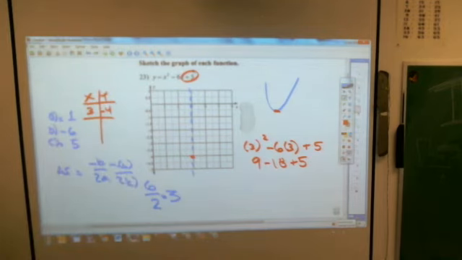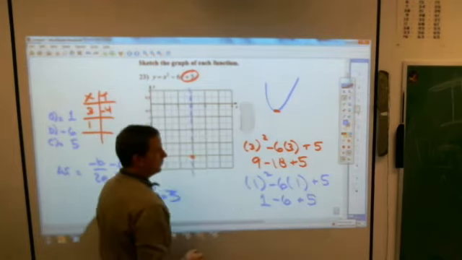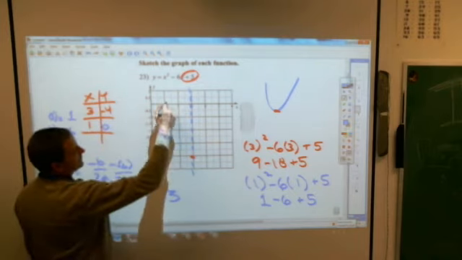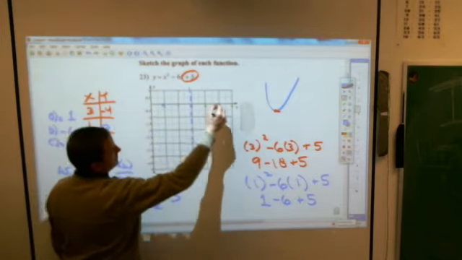I would try 1, because 1 is a relatively simple number for x. Putting 1 into the equation: 1 squared minus 6 times 1 plus 5. 1 squared is 1, 6 times 1 is negative 6. Oh, look, it ends up a wash. At 1, you get 0. And then it's a reflection, so boom.